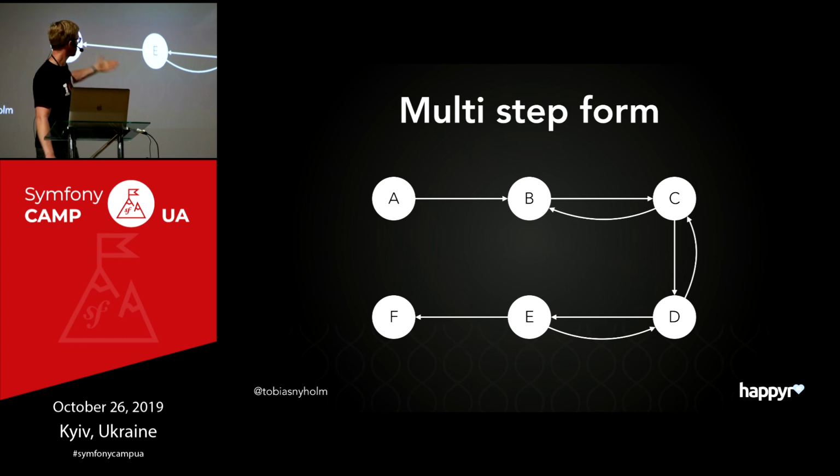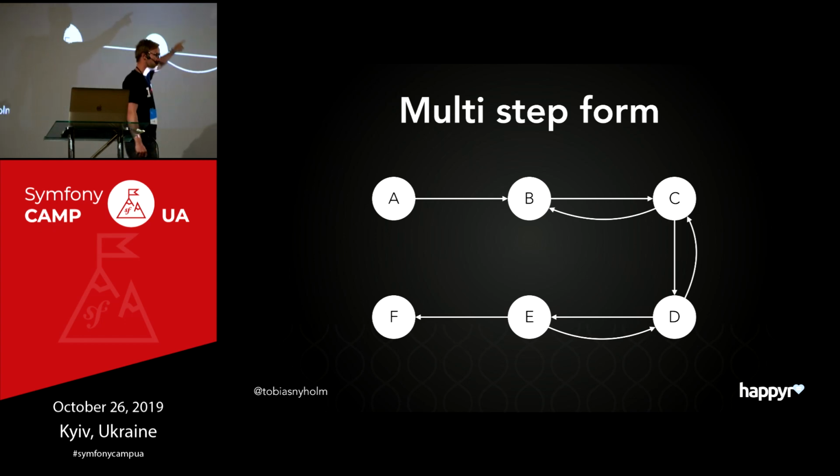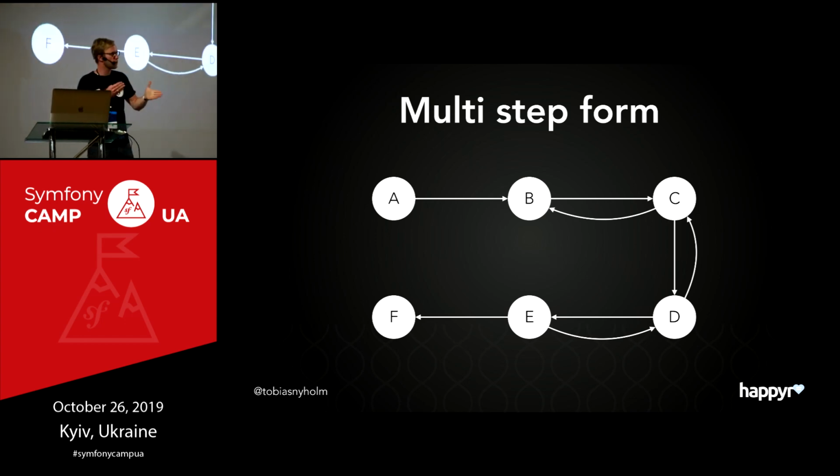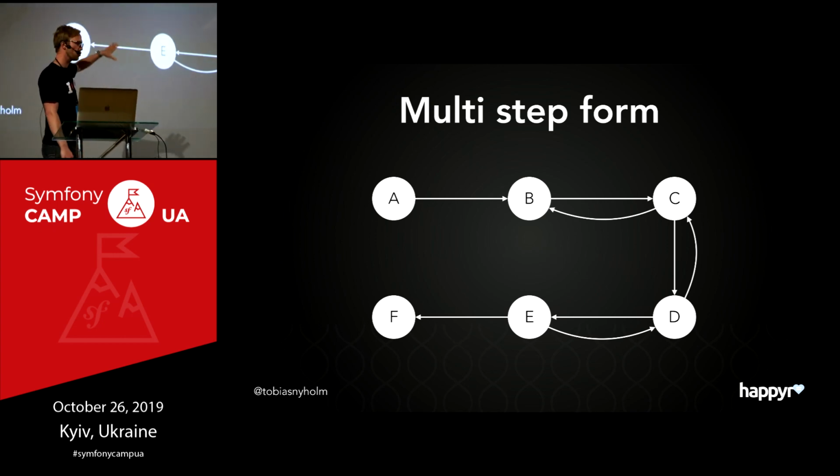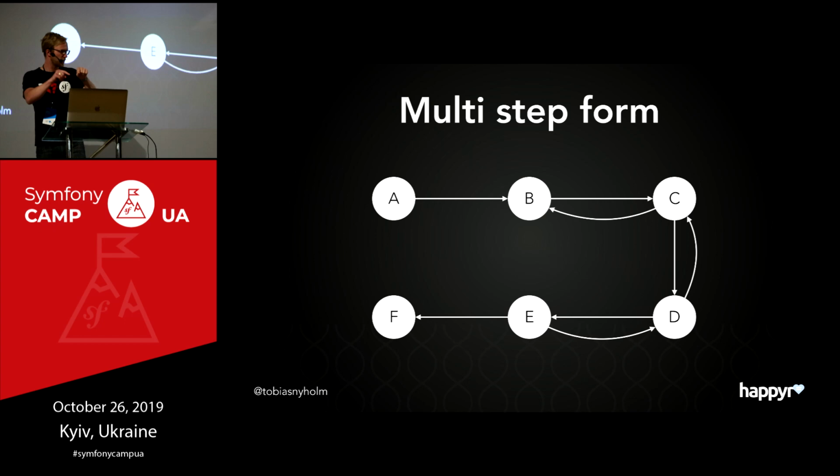You can also have another state machine keeping track of where the user last was. Like you went to A, B, C, D, and then went back to C. So you can keep track of where the user last completed and where the user last visited. And this can also make sure that no user can go A, B, and then jump directly to E, just by hacking URLs or whatever.